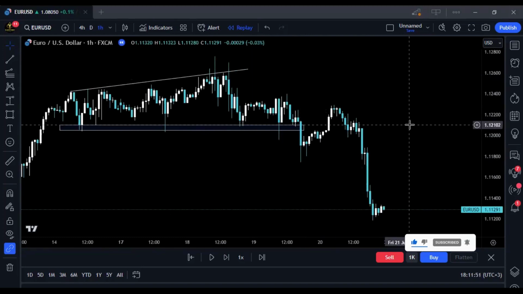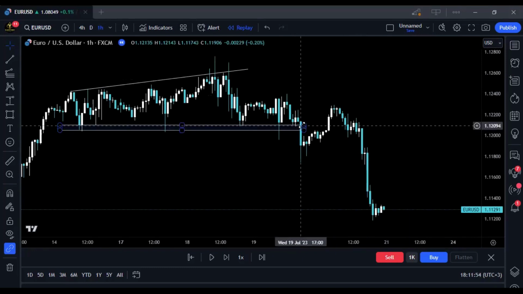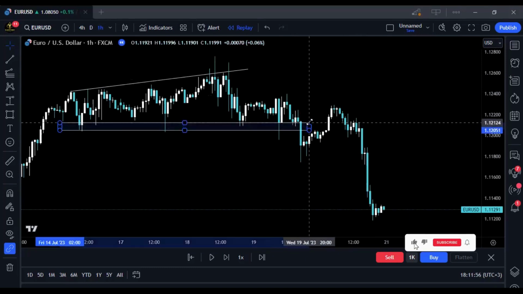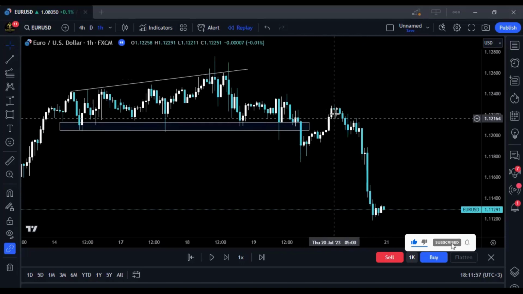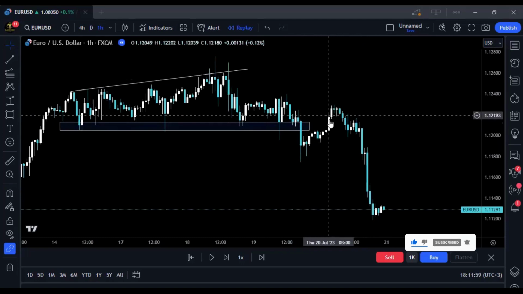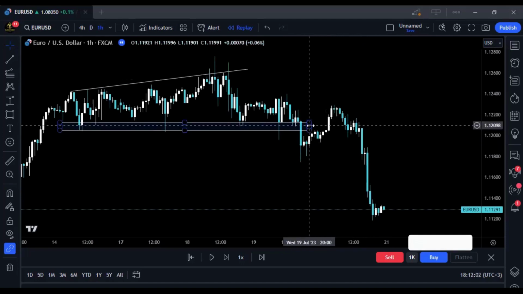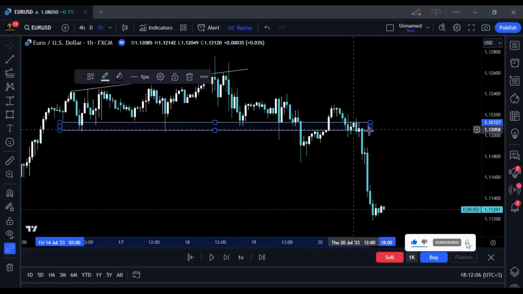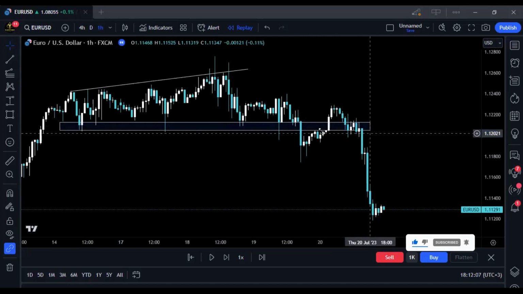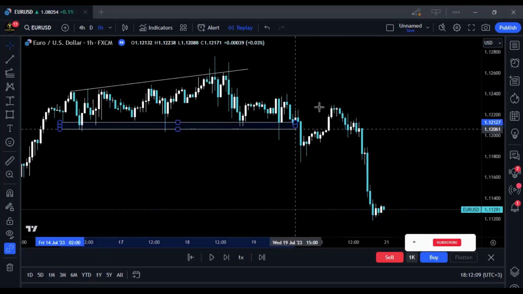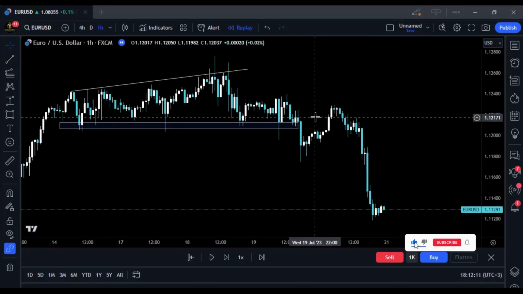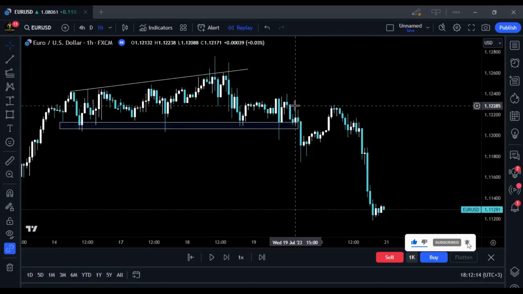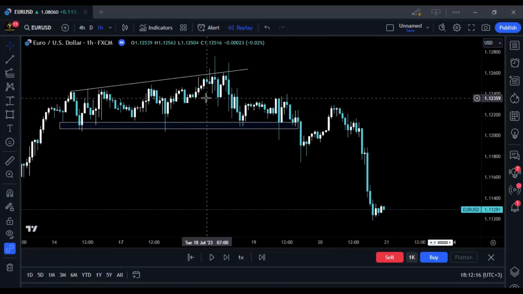Where should we have been looking for entries? Okay, so we have a structure here. Prices didn't respect that, broke above that. If we extend it, obviously it's a weak structure, but does it give us an entry? No, it doesn't. Okay, so you come back here. Once we pull back here, because this is a sensitive zone, how is it respected?